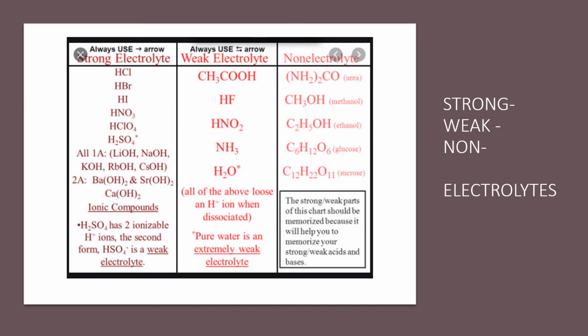Here we have some examples of strong electrolytes, weak electrolytes, and non-electrolytes. For strong electrolytes, for example, HCl, HBr, HI, HNO3, HClO4, H2SO4, LiOH, NaOH, KOH, RbOH, CsOH, barium hydroxide, strontium hydroxide, and calcium hydroxide.